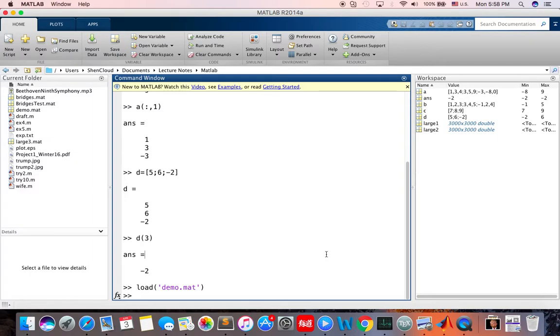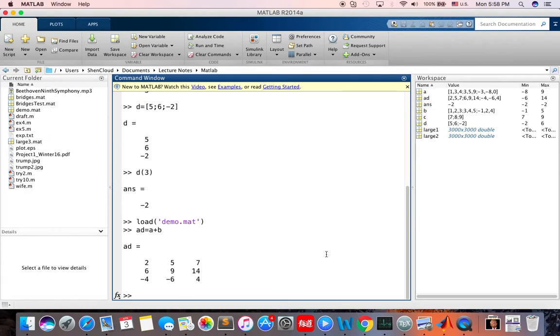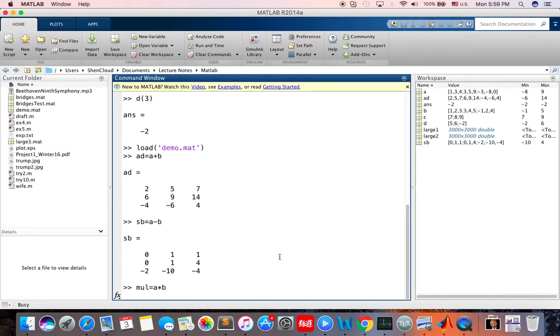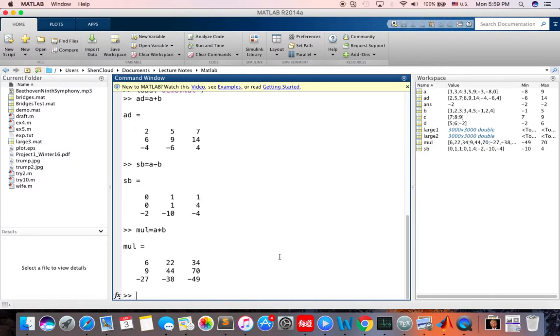So after loading some matrices, we can show you some matrix operations. For example, we can add two matrices, A plus B here, and also subtract two matrices, A minus B, and also matrix multiplication goes A times B. And also we can multiply the two matrices element by element.